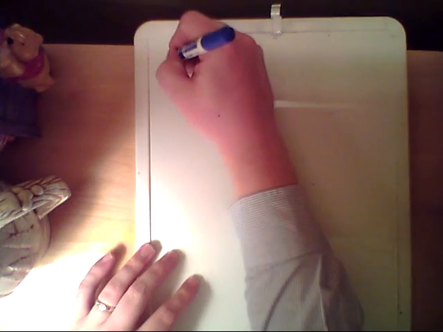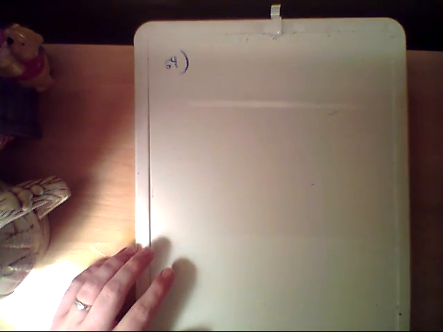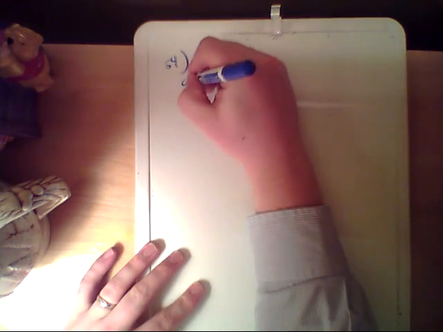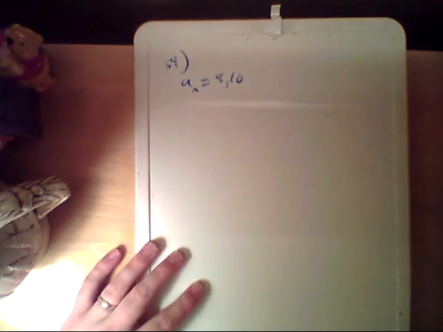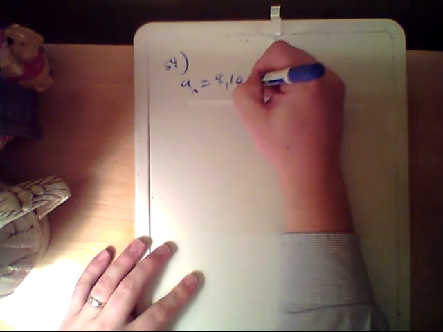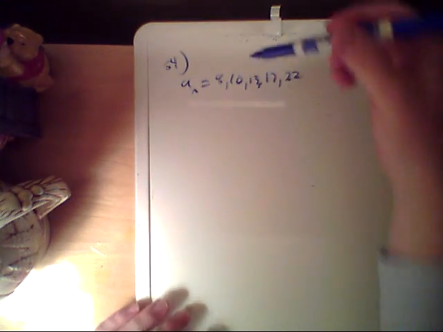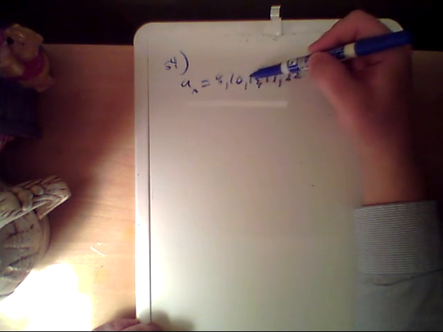Let's do 54. Explain why the sequence 8, 10, 13, 17, 22 is not arithmetic. Arithmetic would mean that there's a common difference between each pair of terms.